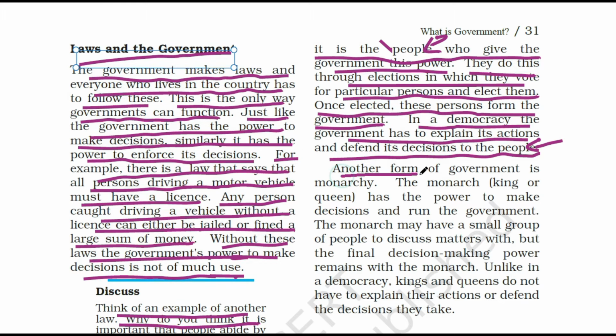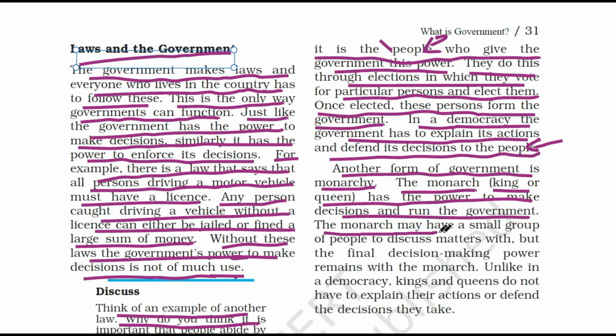And another form of government is monarchy. The monarch, king or queen, has the power to make decisions and run the government. The monarch may have a small group of people to discuss matters with, but the final decision making power remains with the monarch.